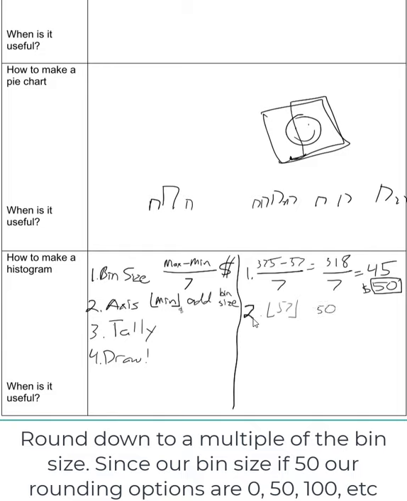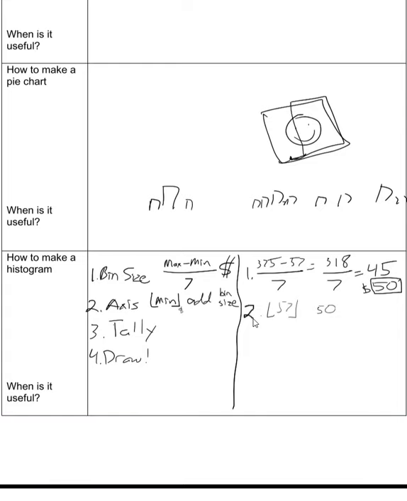If this was 107, what would it get rounded to? Say it: 100, right? Say this is 2005, what would it round down to? 2000, exactly. And then we add the bin size. So we have 50, add 50, we have 100, add 50, we have 150, all the way up to the maximum, just one higher than the maximum.